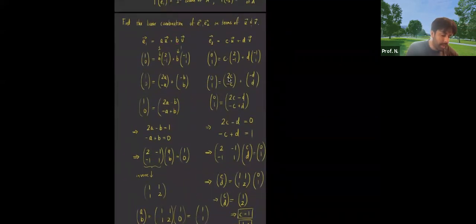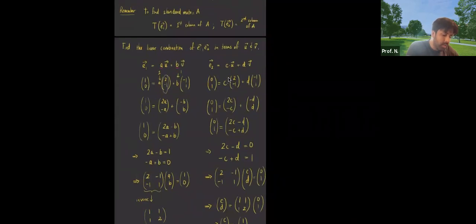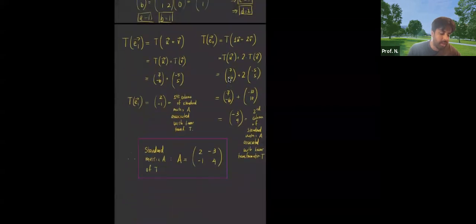But for example, these two vectors, 2, 1 and -1, 1 is another example of a basis vector. It's not a standard basis vector because it's not 1, 0, 0, 1, but it is a basis vector. 2, -1 and -1, 1 is also a basis vector. So we'll explain a little bit later what it means to be a basis. But for now, it's enough to show that once we have E1 and E2, we have the matrix.